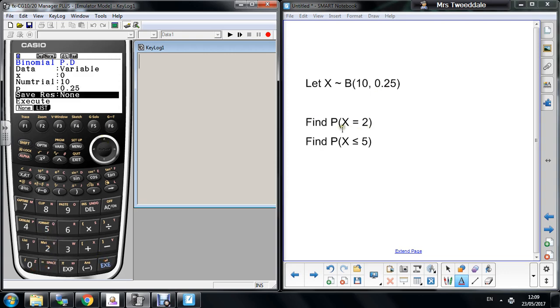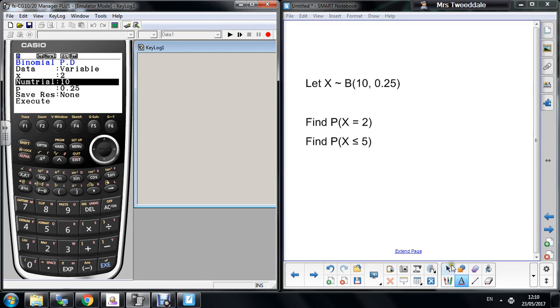And I want to find when x is equal to 2, so little x is going to be 2. Select all of that, push execute, and there's my solution, 0.28156757. That will be more accurate than if you did it manually, and it's much quicker than doing it using your formula.